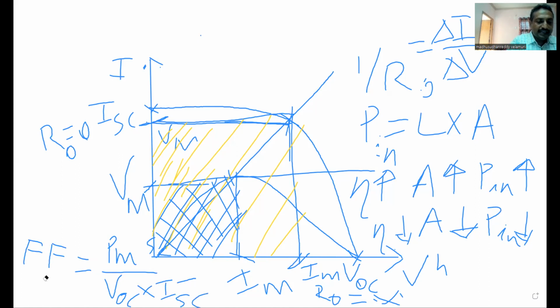If this area increases, then the output power or Pin also increases. So if the area increases, then it will change. But I'll explain here.